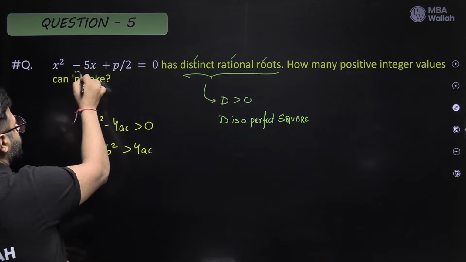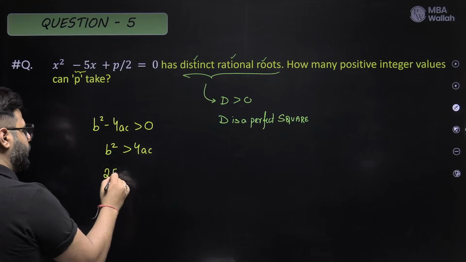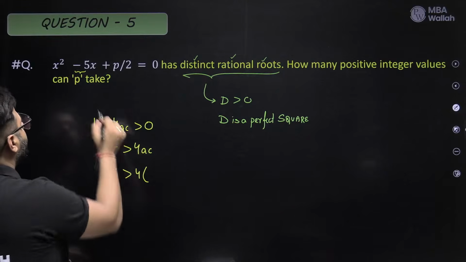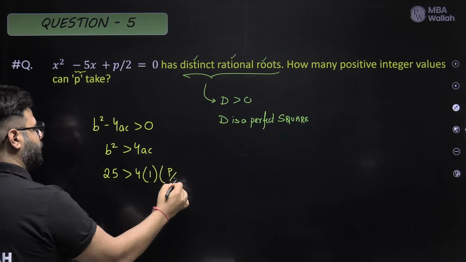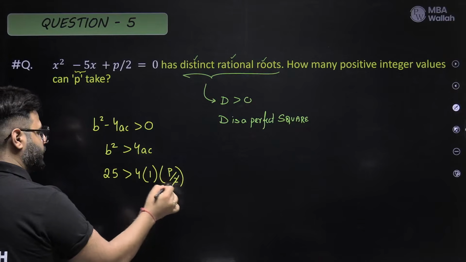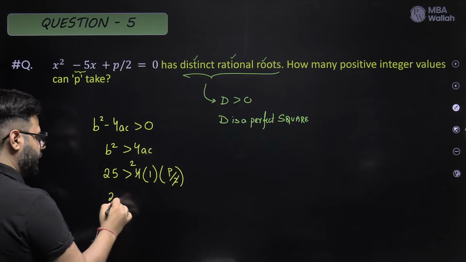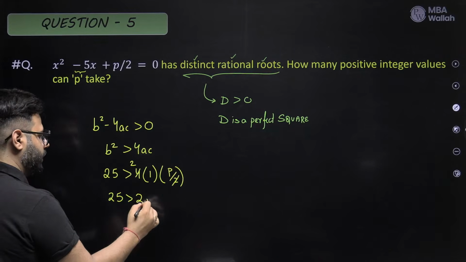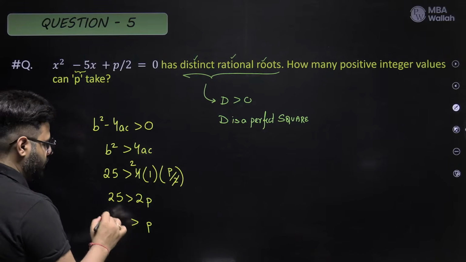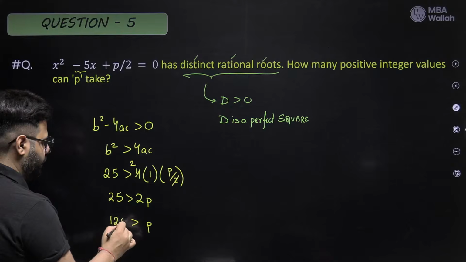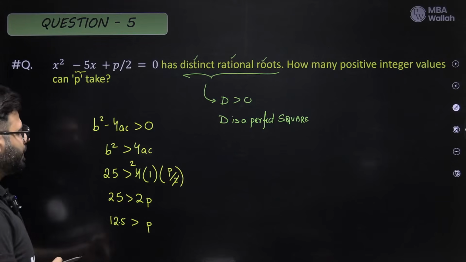B square means minus 5 square is 25, greater than 4, A is the coefficient of x square, C is the constant term, that's P by 2. 2 gets cancelled by this and we get 25 greater than 2P, and hence P less than 25 by 2, that is 12.5. That is one thing, right?